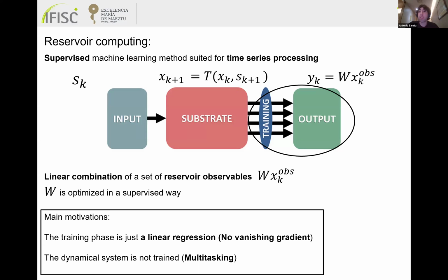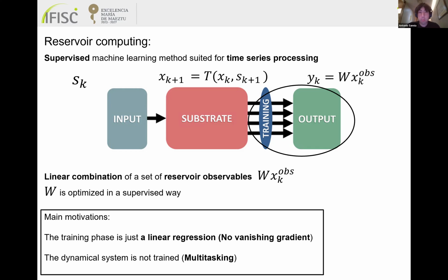Of course, the weights of this linear combination have to be optimized according to the task that you want to solve. As I said, it's a supervised machine learning method, and so we train these linear weights. Another important thing is that this is the only thing that we train. We do not need to train the reservoir. Due to that, we can say that reservoir computing is multitasking, in the sense that we can use the same dynamical system to solve different kinds of tasks, just training the linear weights.